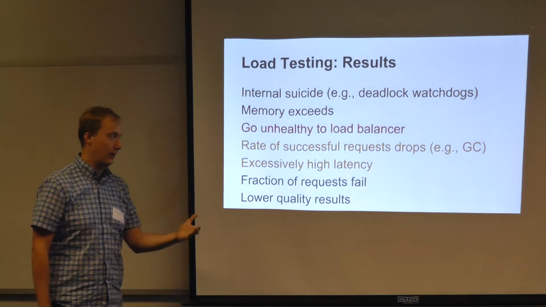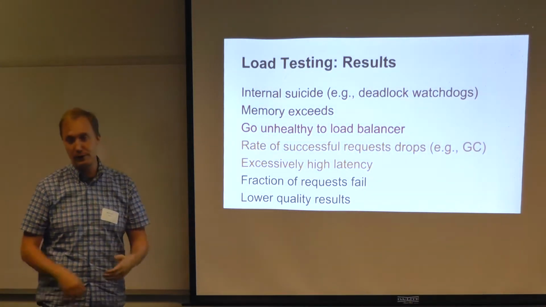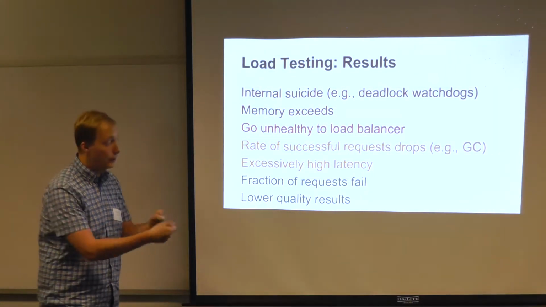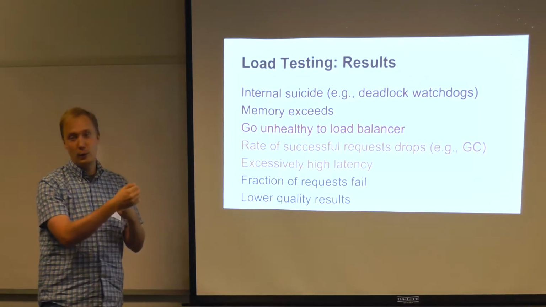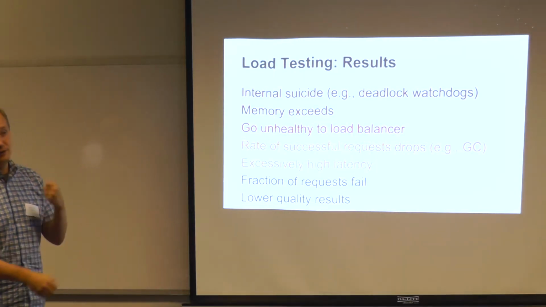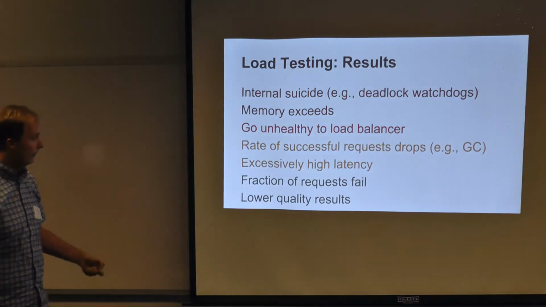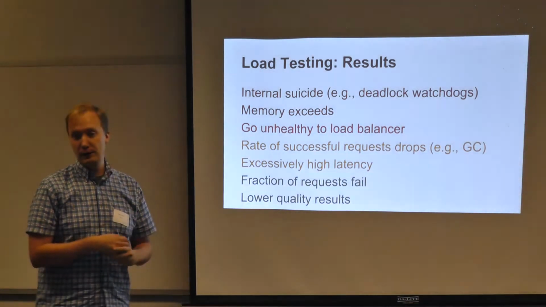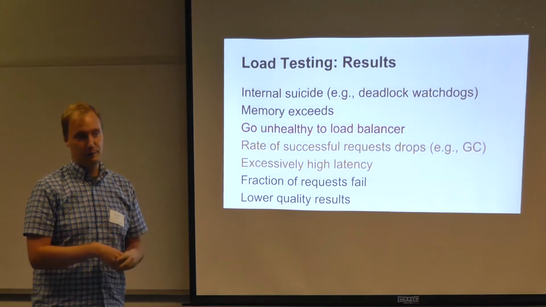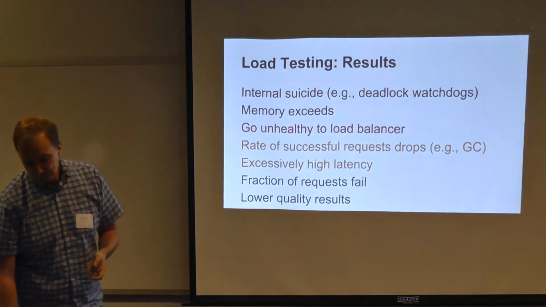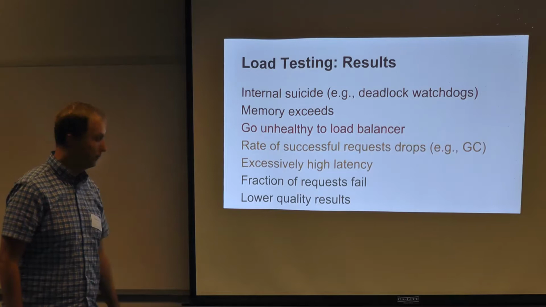So if a server can handle 100 QPS and you give it 120, what you really want to see is 100 QPS succeed and succeed quickly, and then see 20 QPS fail and presumably fail quickly. You can also do more advanced things like serve lower quality results and maybe serve requests in a cheaper way. That's a more advanced thing.